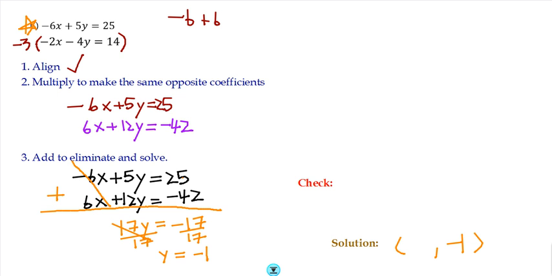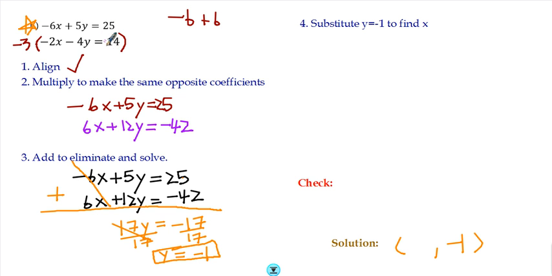Now we're moving on to step 4 because we found our y value. Our y value is negative 1. For step 4, we're going to substitute y equals negative 1 into one of the original equations and find the x value. Let's see which equation is easier.